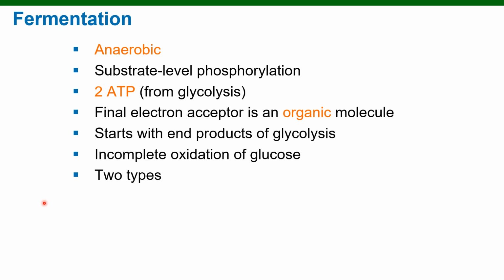And keep in mind from an earlier slide, there are two major types of fermentation. And they're named after the end products that they make. The first type is lactic acid fermentation. And the second type is alcoholic fermentation.